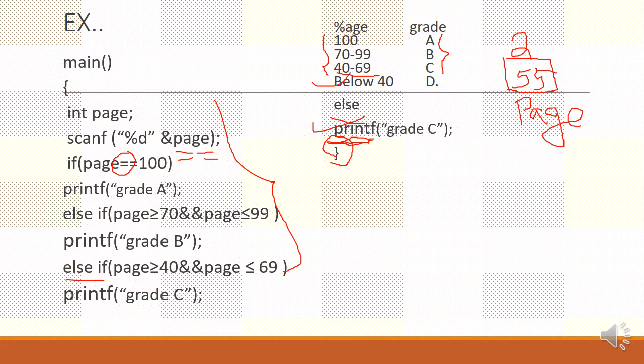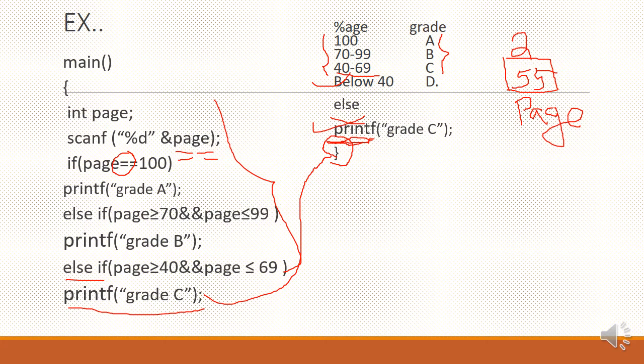It comes here. Here, what happens? Percentage, that means 55, is greater than or equal to 40. Yes, the condition is true. Then it checks if 55 is less than or equal to 69. Both are true. Only if both conditions are true, then it is going to print C. Then where does the control go? Your control goes to the next statement after the default statement.